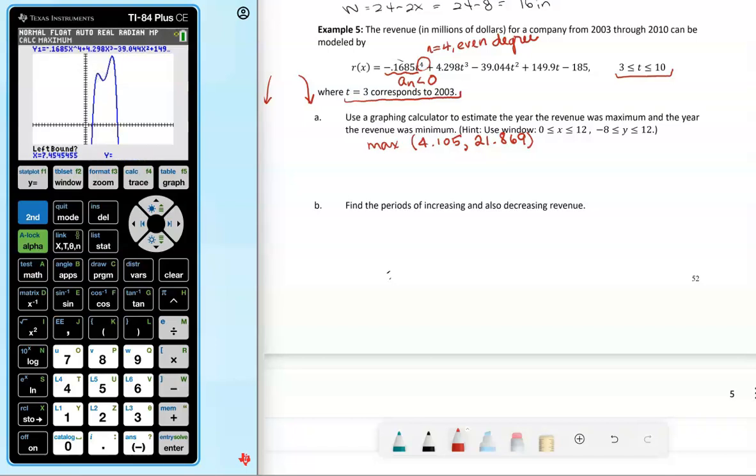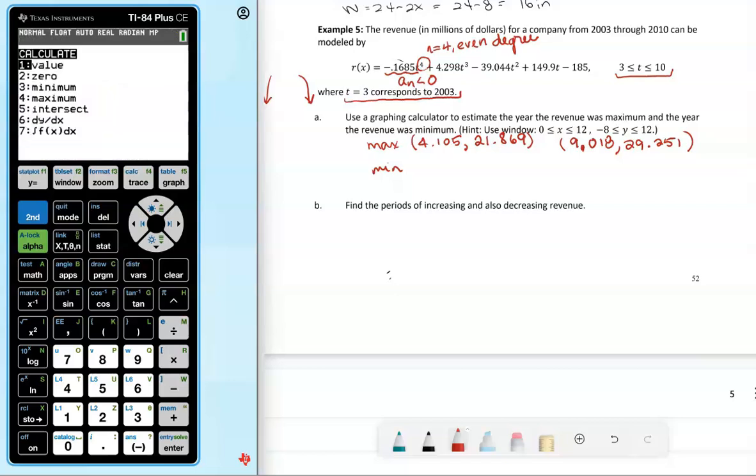Now I'm going to get the other maximum, second trace maximum. I need to cursor over, hit enter, enter, and then my guess. And I have x is 9.018 and 29.251 on the y. Okay, the minimum, second trace, number 3.